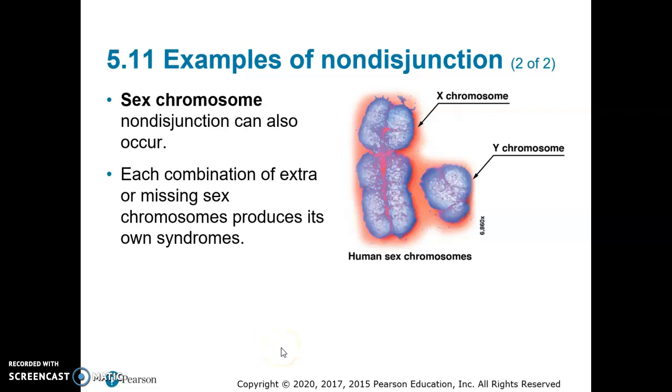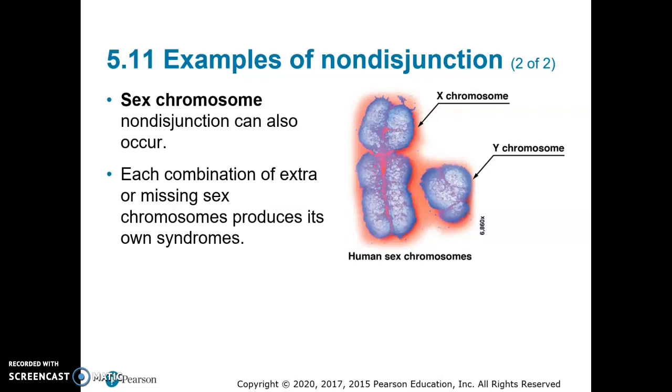Okay, so non-disjunction can also occur with the sex chromosomes. So remember that the sex chromosomes are not a true homologous pair in the sense that they don't code for the same information, they're clearly not the same size, and they're not the same shape.